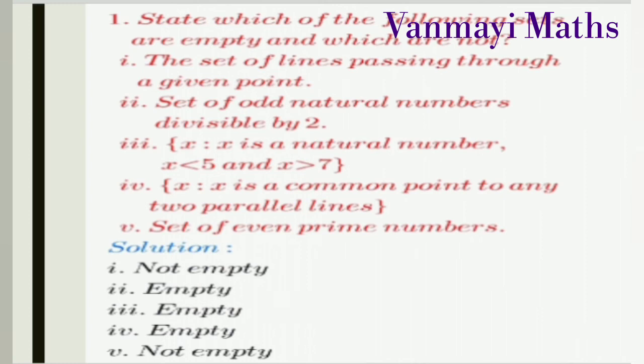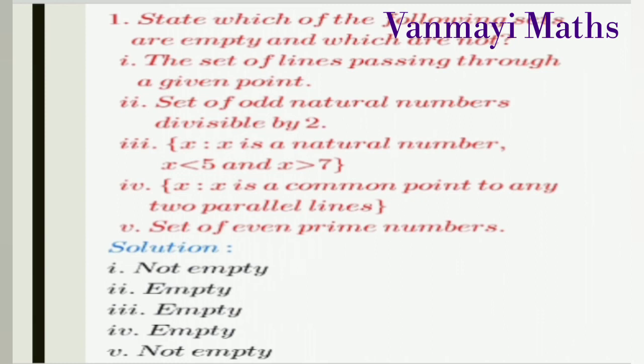X such that x is a natural number, x less than 5 and x greater than 5: it is also an empty set. Next one, x such that x is a common point to any 2 parallel lines: it is also an empty set. Last one, set of even prime numbers: it is not an empty set.